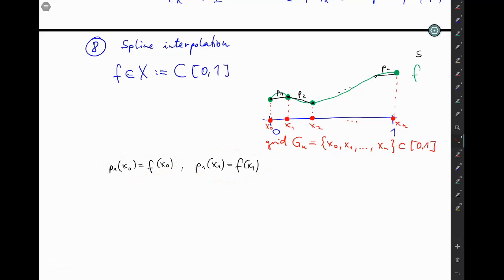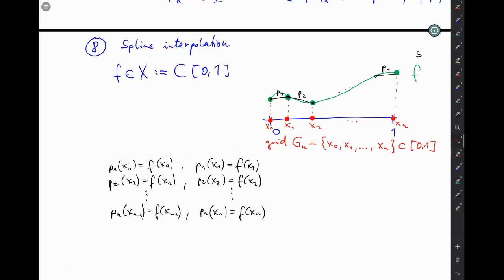Okay, in the same style you would have the same two kinds of conditions for the polynomial P2, now of course for the points x1 and x2, which is written down here. Okay, up until you reach the last polynomial Pn, and the endpoints there are xn minus 1 and xn.